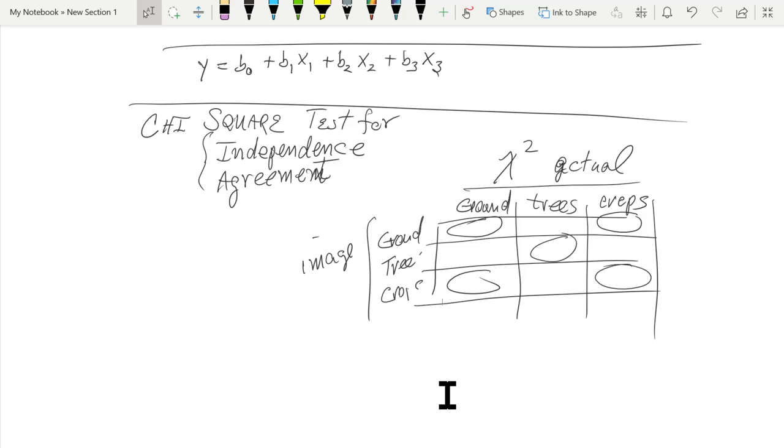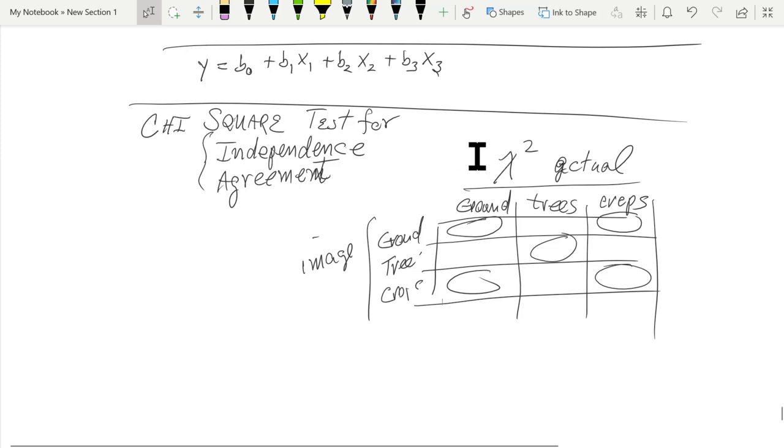So you make a table of diagnosis. And it says, are these people in agreement? Do these two psychologists agree? So at the same time, it's a test for agreement. It's a test for independence. Were they independent in their assessments?